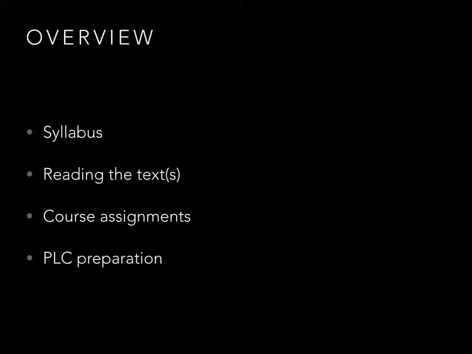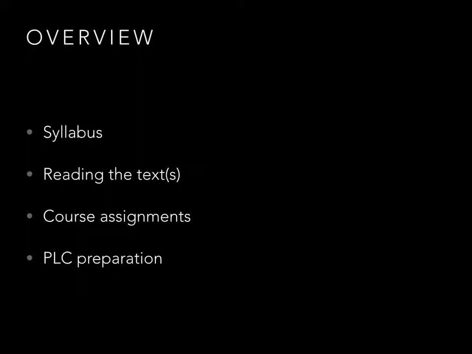So to keep in mind, there are 3 required texts that everyone in the class will purchase. Those are listed on your syllabus. In addition, there is one more required text, so a 4th required text, but you will choose from a list of 5 books which text it is that you would prefer to read.